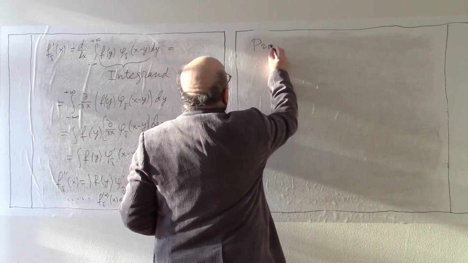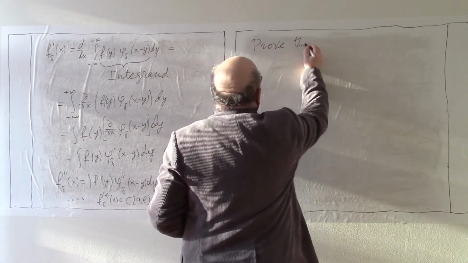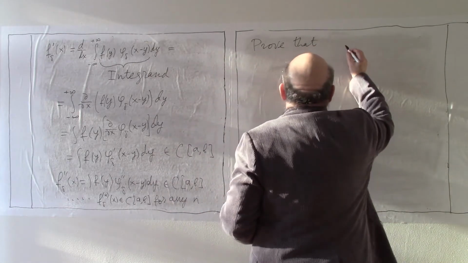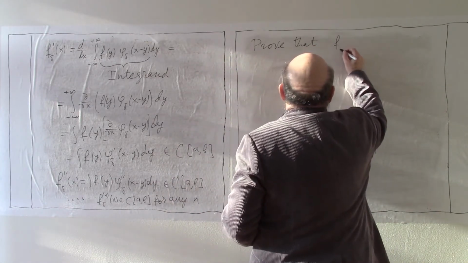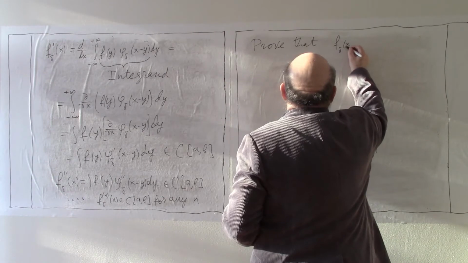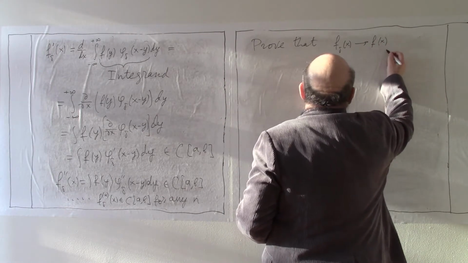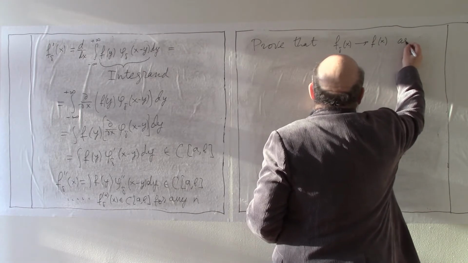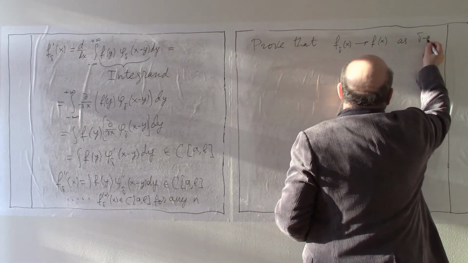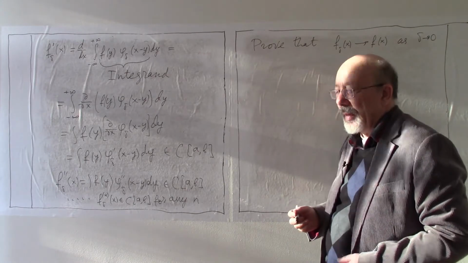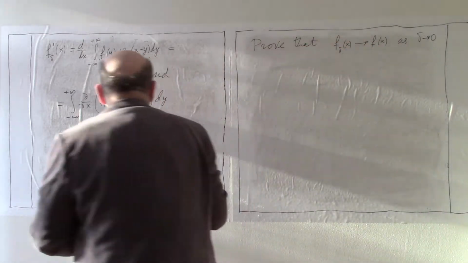Prove that f delta of x goes to f of x as delta goes to 0. We have to prove this.